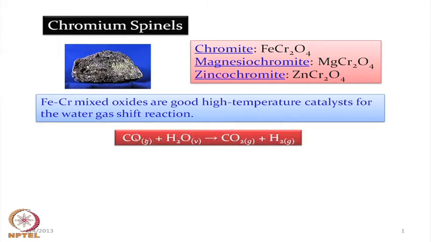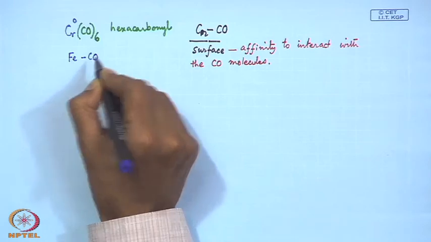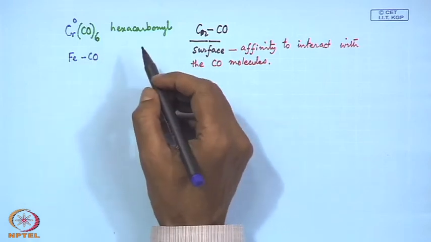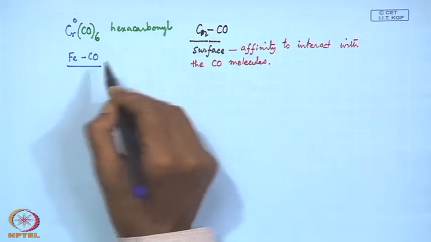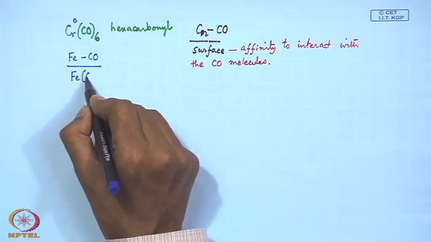So, if this carbon monoxide molecule can react with the chromium center, giving rise to some kind of interaction on the chromium surface, because this iron, if it is present in the surface, this iron can also show some interaction with the carbon monoxide molecule, because this iron pentacarbonyl type of molecules are also very much stable and well known.